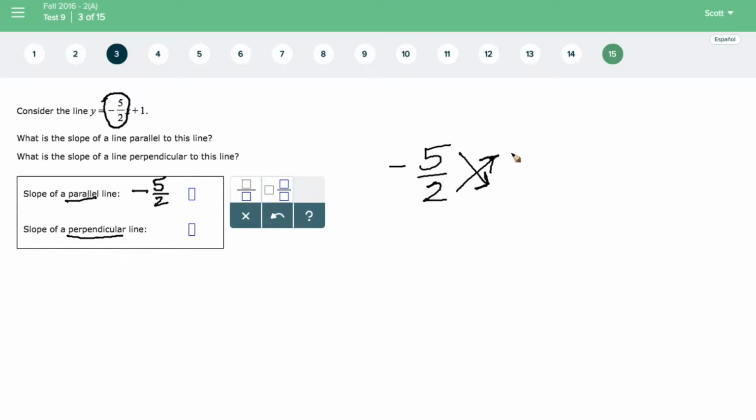We flip it upside down, so the 2 goes on top and the 5 goes on bottom. And then we see this one's a negative, so this one will stay positive. It becomes 2 over 5. One of them has to be negative, one of them goes positive. So that's how you do numbers 1 through 3.